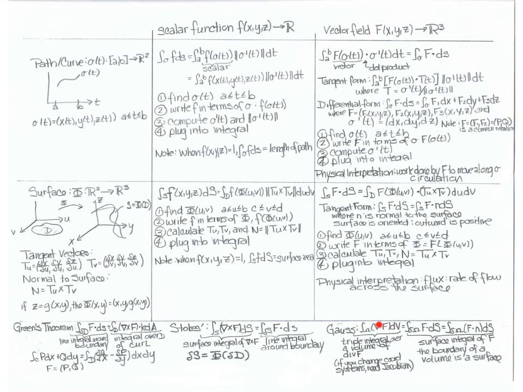So Gauss's theorem will relate that triple integral for the volume to a surface integral, so just the very surface of the sphere, not the interior, and that'll be a surface integral as we've been doing over here. And actually we'd be in this box because it's a surface integral of a vector field.